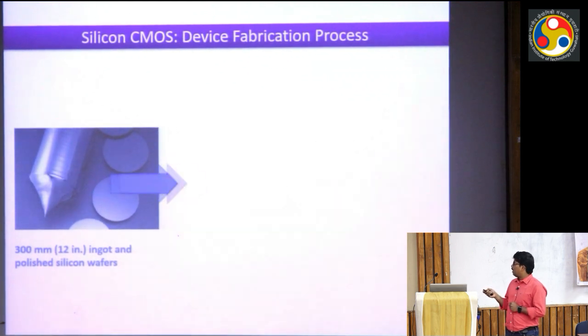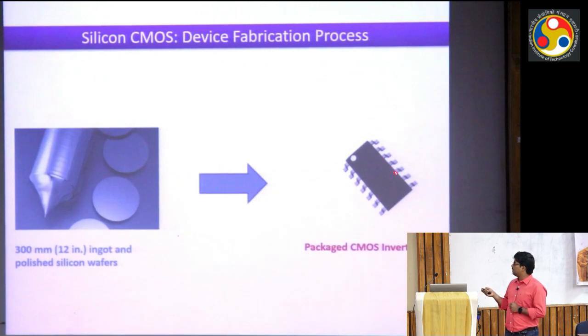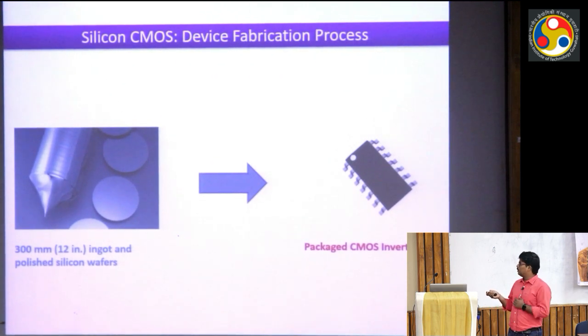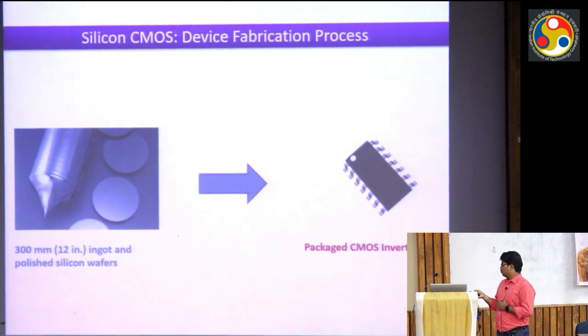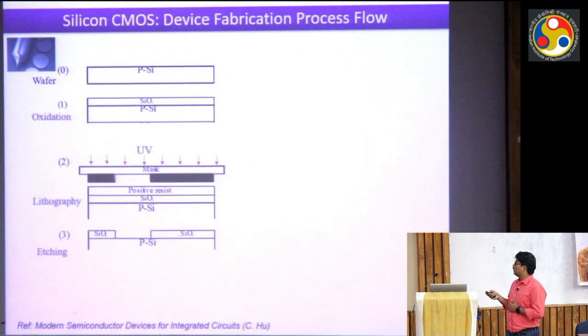From here, our objective is to get this kind of packaged CMOS inverter IC. Now, how are we developing this and how are we getting this kind of IC starting from this silicon wafer? And this silicon wafer we are developing using the bulk growth that we elaborated in the previous slide. So let's see what the different steps involved in realizing this IC starting from this wafer are.